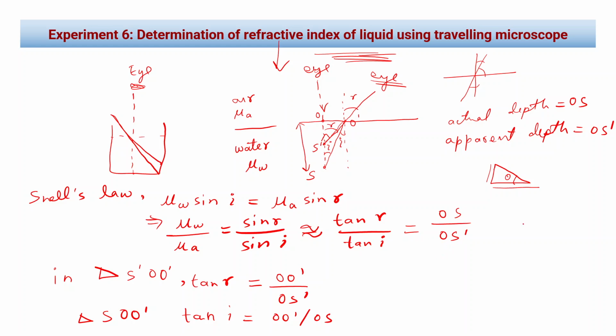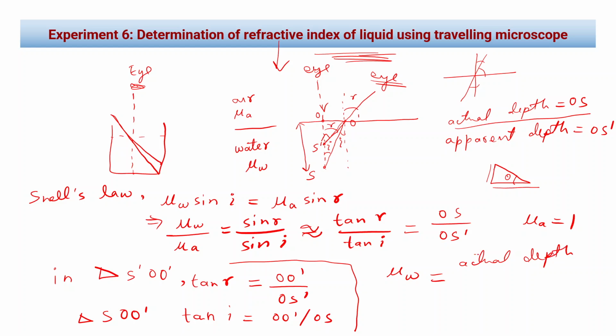And for air, we know the refractive index of air is taken as 1. So this will become 1. So we will be left with the refractive index of water equal to OS, which we had seen is the actual depth, divided by OS prime, which is the apparent depth.